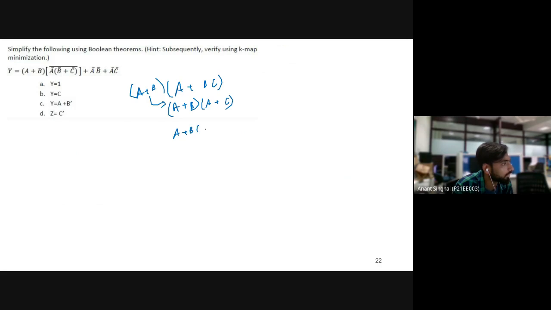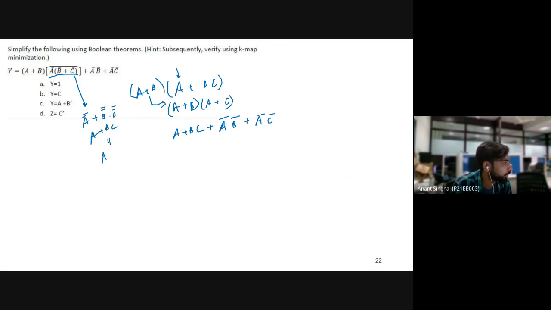A plus BC plus the rest of the terms are A bar B bar plus A bar C bar. So I'll repeat again, this term I've changed to A plus BC using De Morgan's theorem: A bar bar plus B bar bar into C bar bar. So this is nothing but A plus BC.